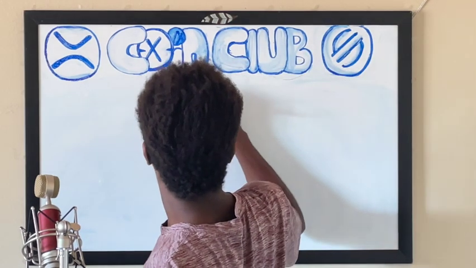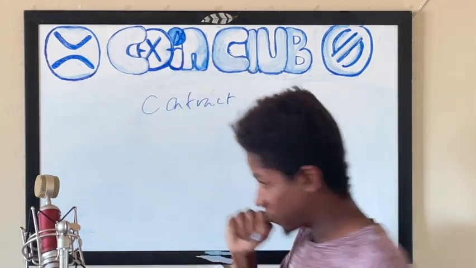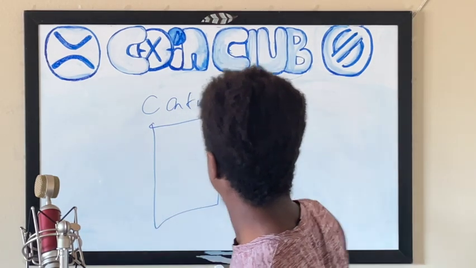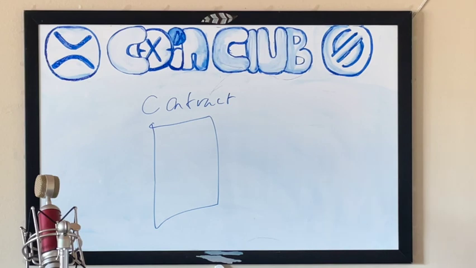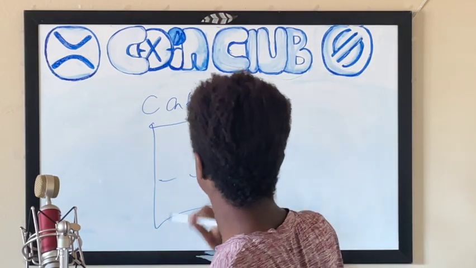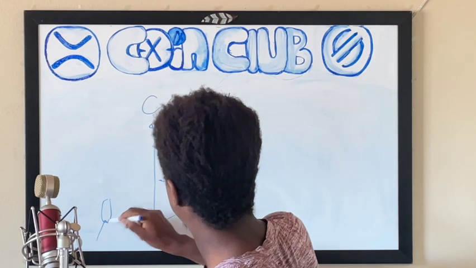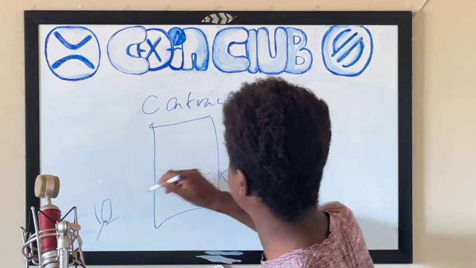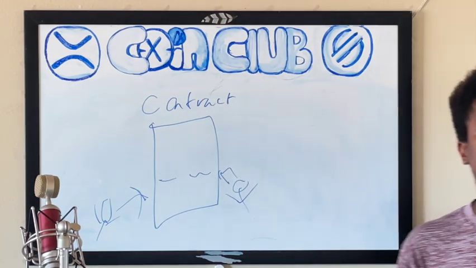So a contract is just an agreement on the ledger. And this agreement is sort of like a smart contract, but this agreement has at least two signatories. These two signatories are two people engaging on the network to engage in some form of transaction.